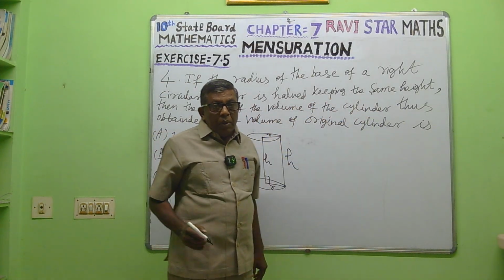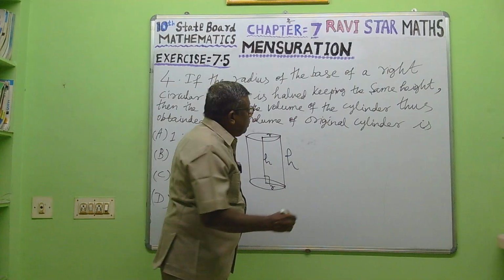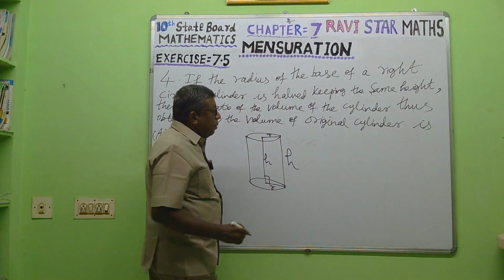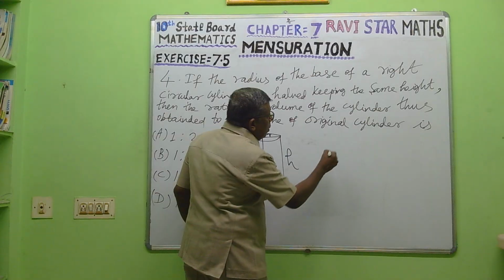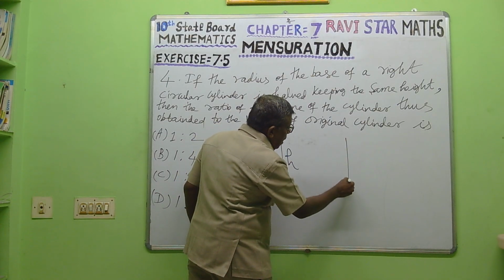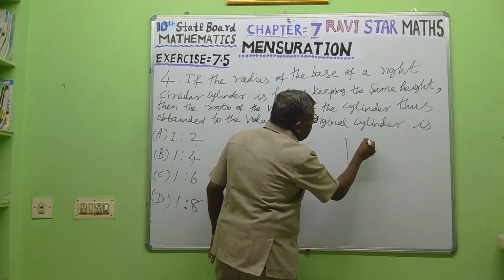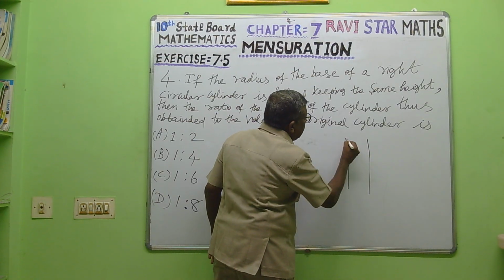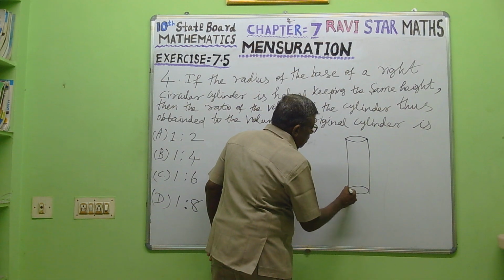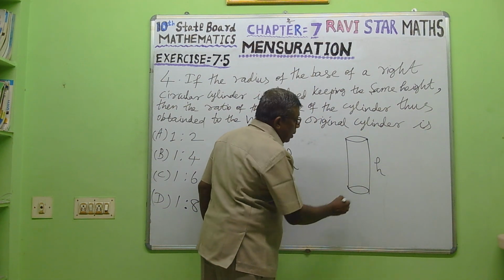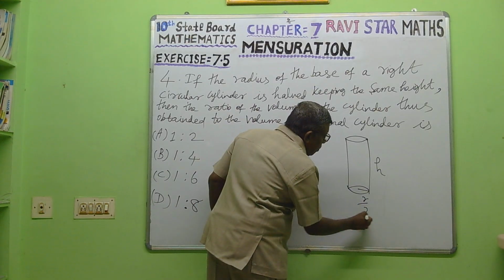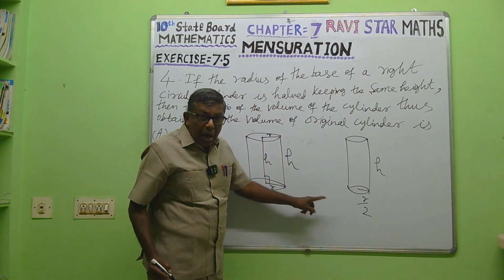Height மாத்தல. அப்ப புதுசா ஒரு சிலிண்டர் கிடைக்குது. அந்த சிலிண்டர்ல height சேம், ரேடியஸ் பாதி ஆயிடும். Height is same, radius is r by 2. இது r னா அது r by 2.